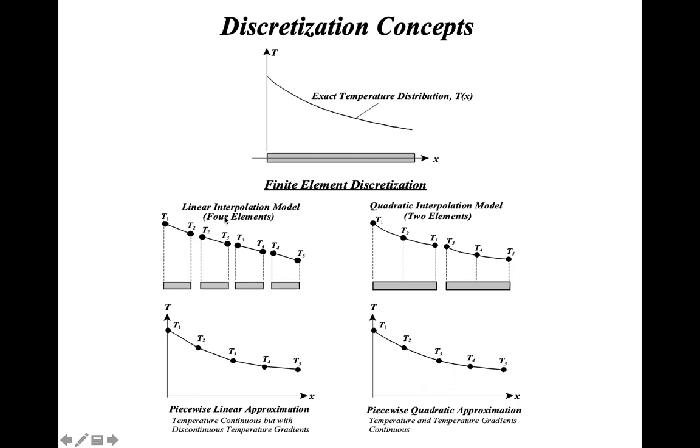This is the first node, where the first element is connected to the second element, so at this node it will be T2. Similarly, the second element is connected to the third at T3, and the third to the fourth at T4. Between T1 and T2 we have a straight line.